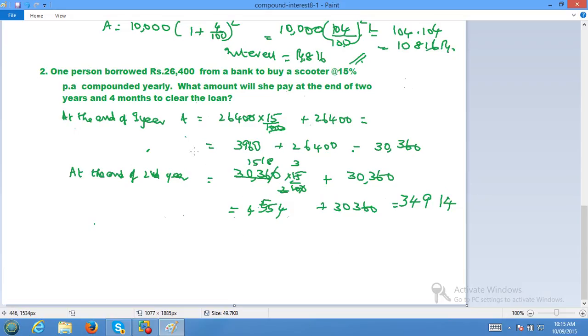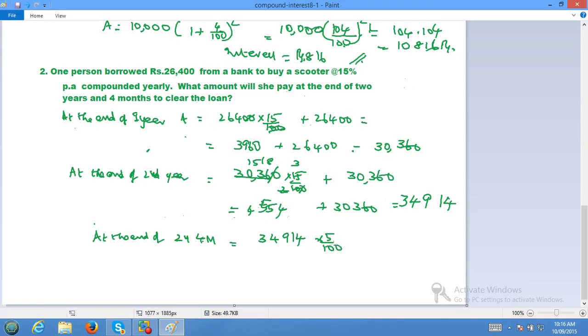So next, it is 2 years and 4 months. At the end of the fourth month, what is the interest? So at the end of 2 years and 4 months, you have to take 34,914. For 4 months, what is it? For 12 months, it is 15%. For 4 months, it is 5%.